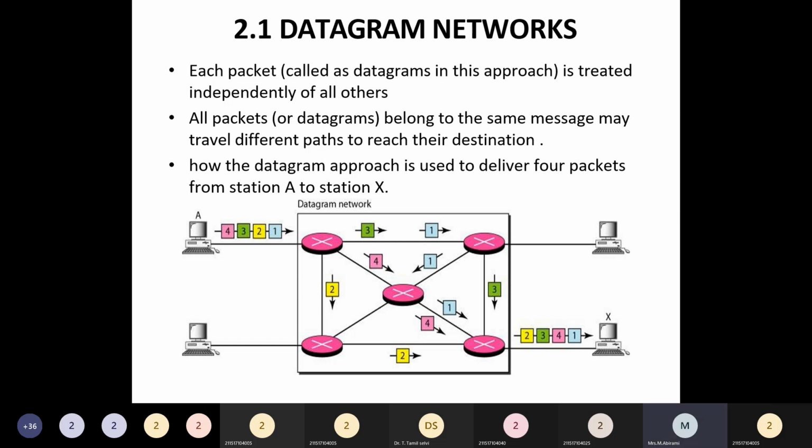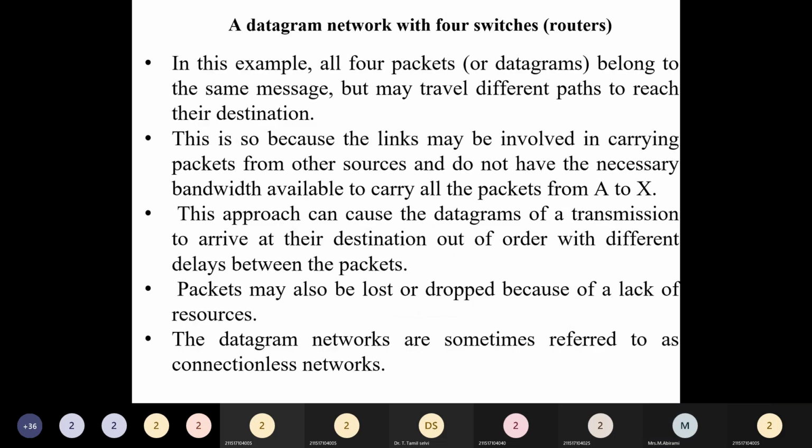All the packets of the same message may travel different paths to reach their destination from one source to another destination. The routers in a datagram network choose many different paths for the same message, because they are also carrying packets from other sources.